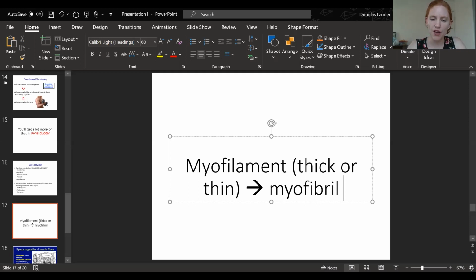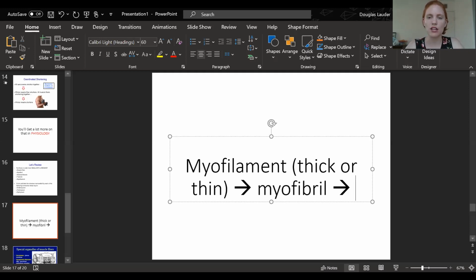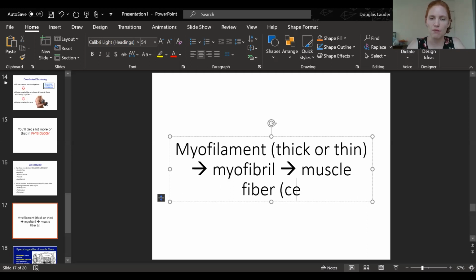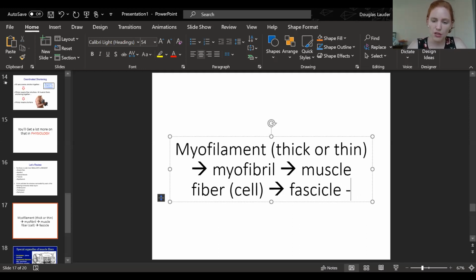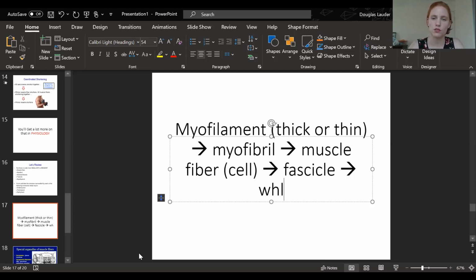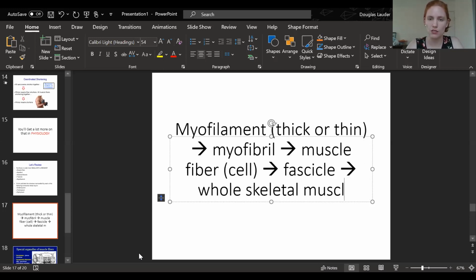And then those myofibrils are bundled inside of a muscle fiber, which again is the name of the cell. And then when you bundle those muscle fibers, you create a fascicle. And when you bundle fascicles all together, you create one whole skeletal muscle. That's the full organ.